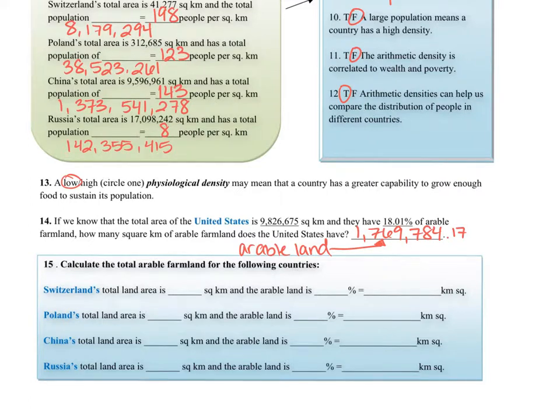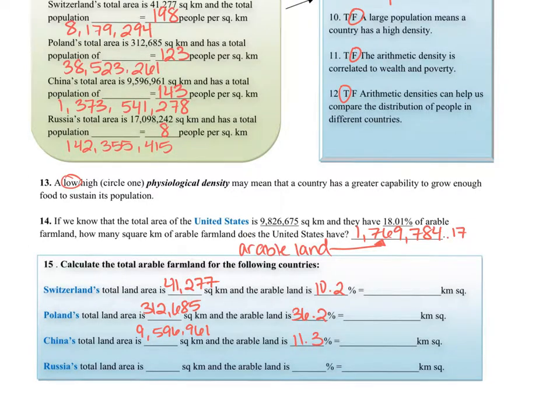Okay, so let me give you the numbers so that you can start multiplying. For Switzerland, their kilometers are 41,277. Their percent is 10.2. Poland's is 312,685, and they're at 36.2. China's is big: 9,596,961, and they're at 11.3.